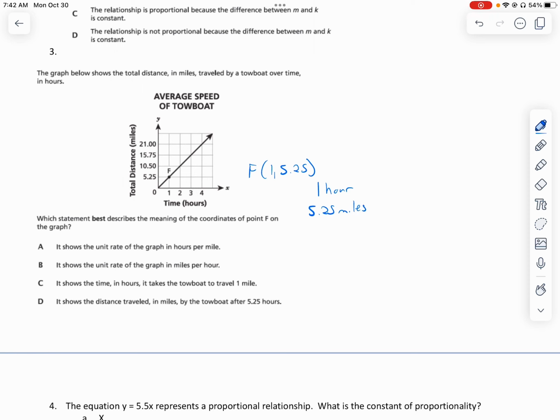So it shows the unit rate in hours per mile. Hours per mile would be hours in 1 mile, but we have it in 1 hour, so that's not right. Unit rate in miles per hour is the miles in 1 hour, so that is correct.